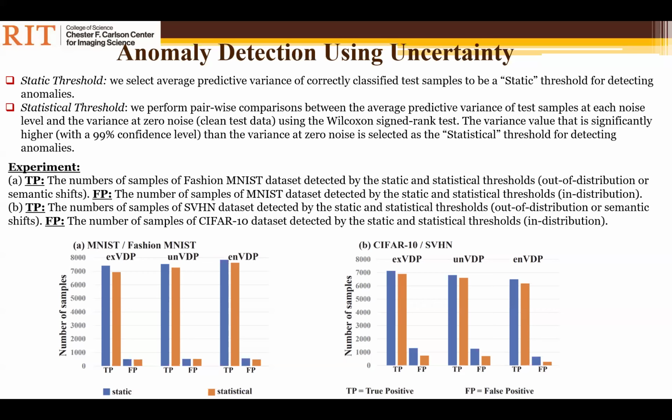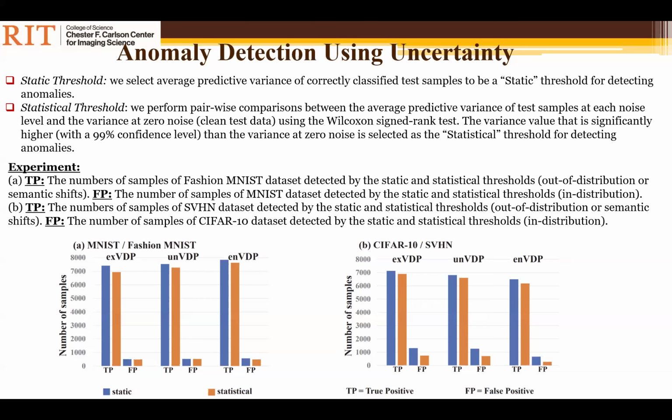So we define the true positive and false positive rate, where a true positive means the model takes any images from Fashion MNIST and the variance passes the threshold, which means the model successfully detected that those images are anomalous and not similar to our training data. While a false positive is when the variance of the model passes the threshold for samples from the same dataset. It means that by mistake, the model is giving high variance for similar samples from the same dataset.